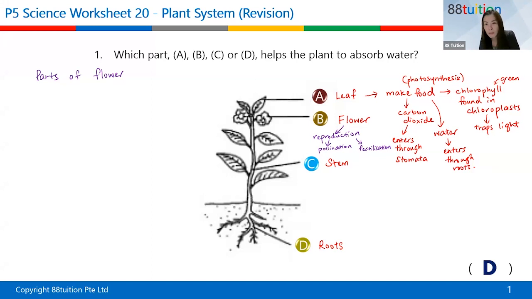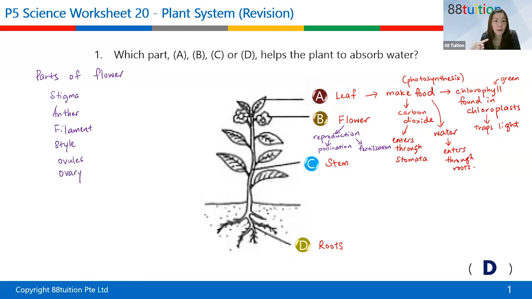Thank you, Giselle. So Giselle says there are some parts of the flower, right? So stigma, and then there is the anther, and then there is the filament. Then also there is style. Ovules and ovary, right?